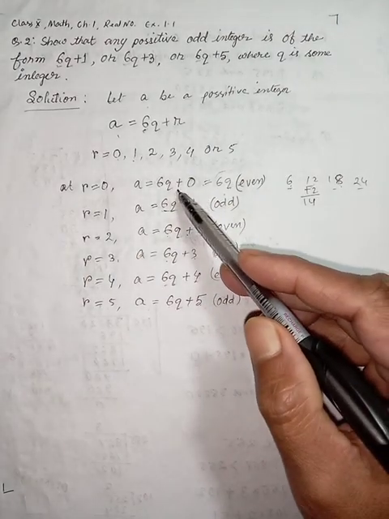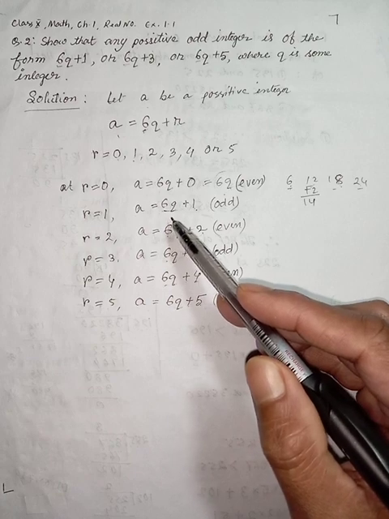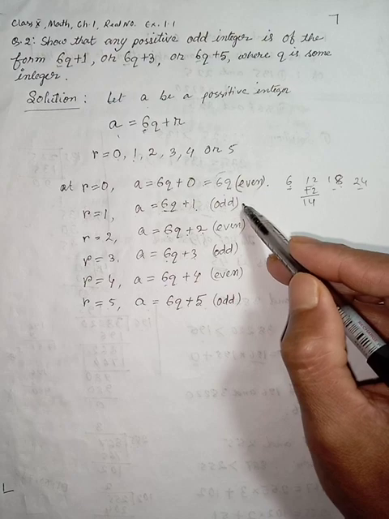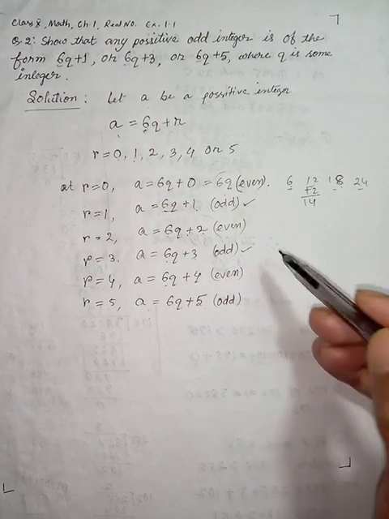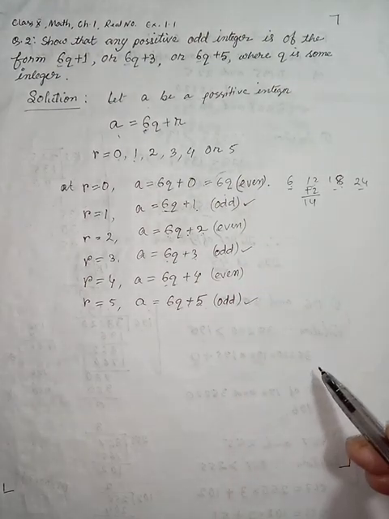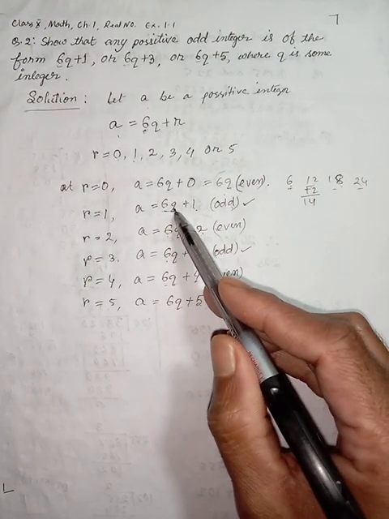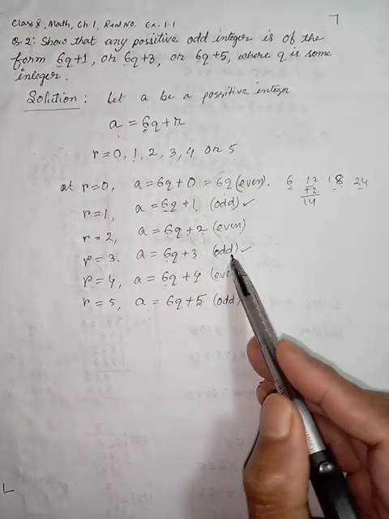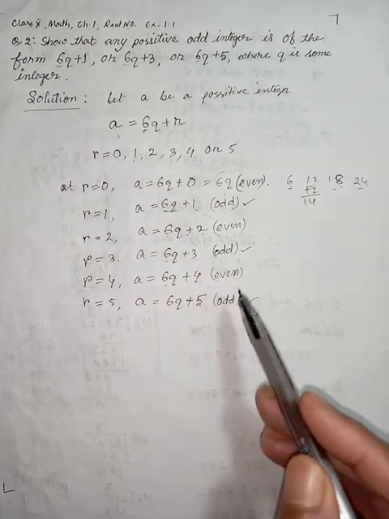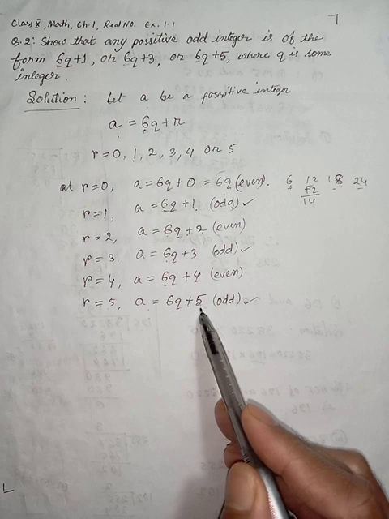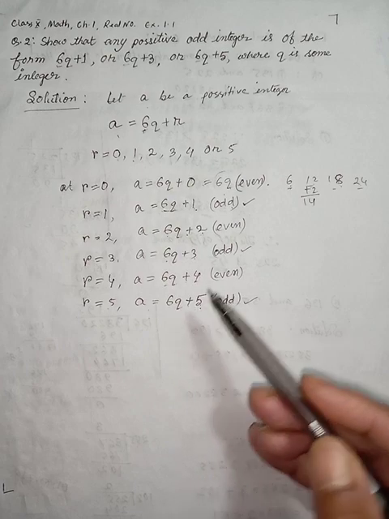Now you observe all these possible positive integers, which are even and which are odd. This is odd, this is odd, and this is odd. So what you found: the odd positive integers are 6q plus 1, 6q plus 3 and 6q plus 5. Hence it is proved.